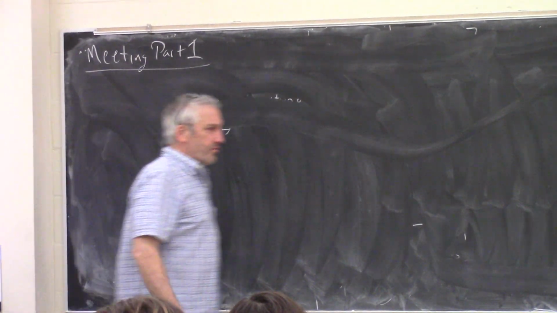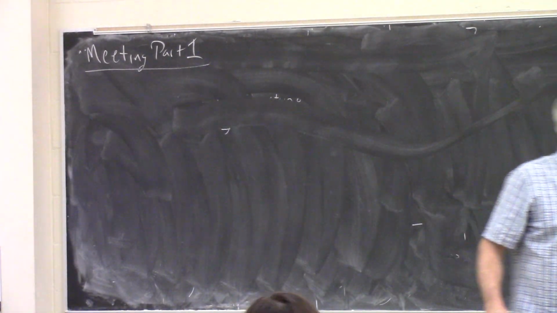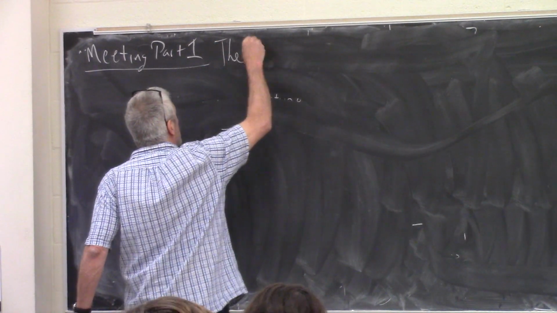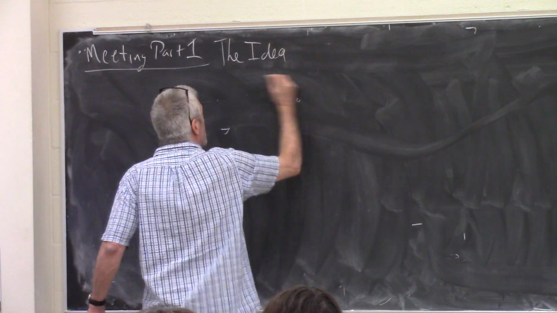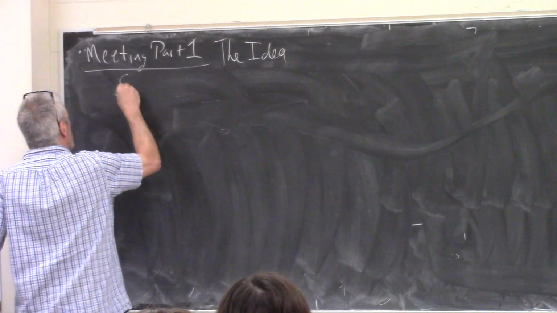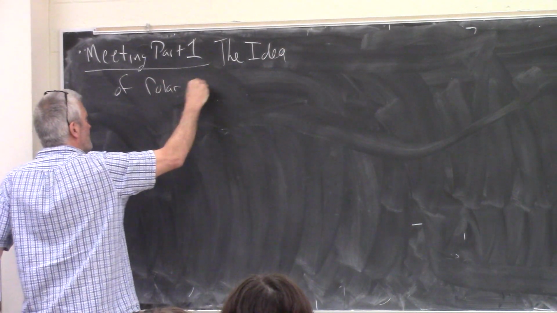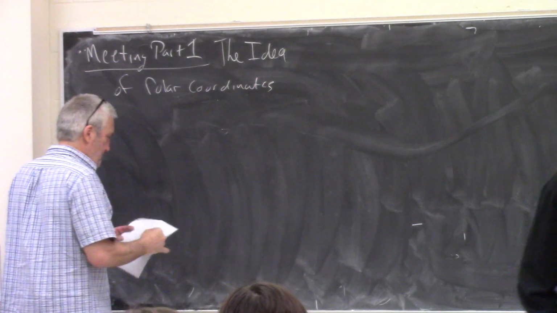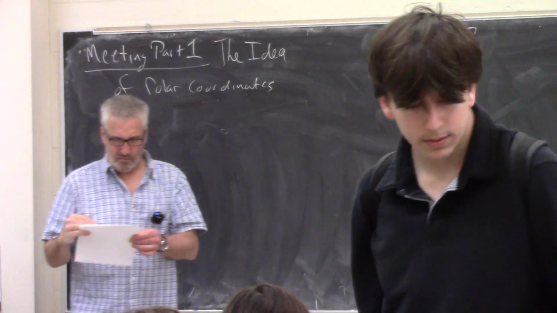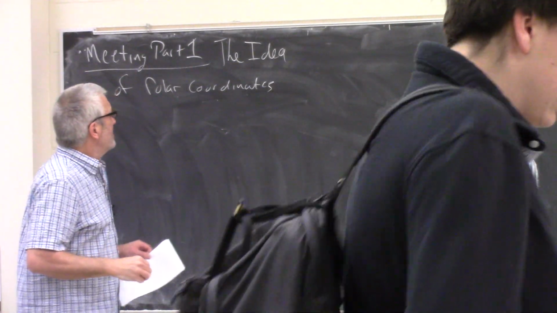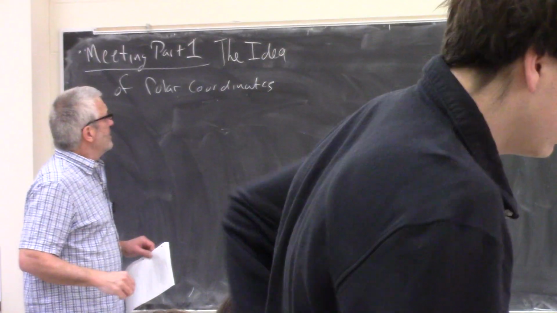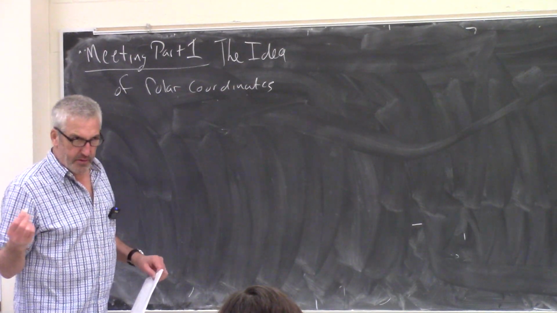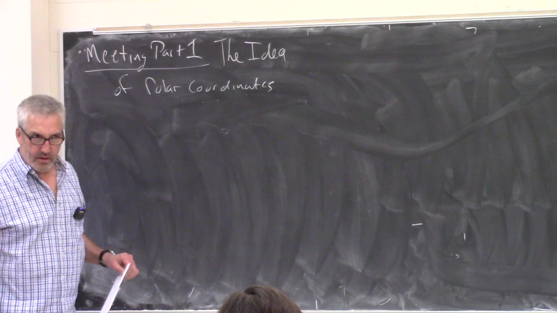So part one, I just want to talk about the idea of polar coordinates. First of all, imagine the x-axis colored red, green, and white. Is that the colors of Italy?